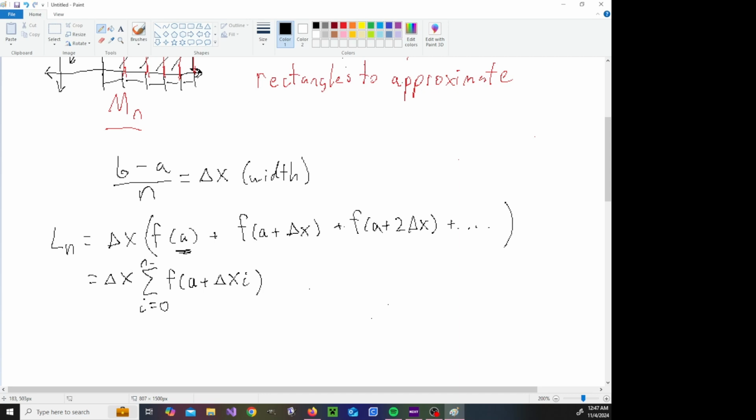To n minus 1, right? If I want 10, but I start at 0, that's 0, 1, 2, 3, 4, 5, 6, 7, 8, 9. That was 10 numbers, but I ended at 9. So because we start at 0 and we want n terms, we're going to end at n minus 1. So this, in sigma notation, is my formula for figuring out the left rectangle approximation.